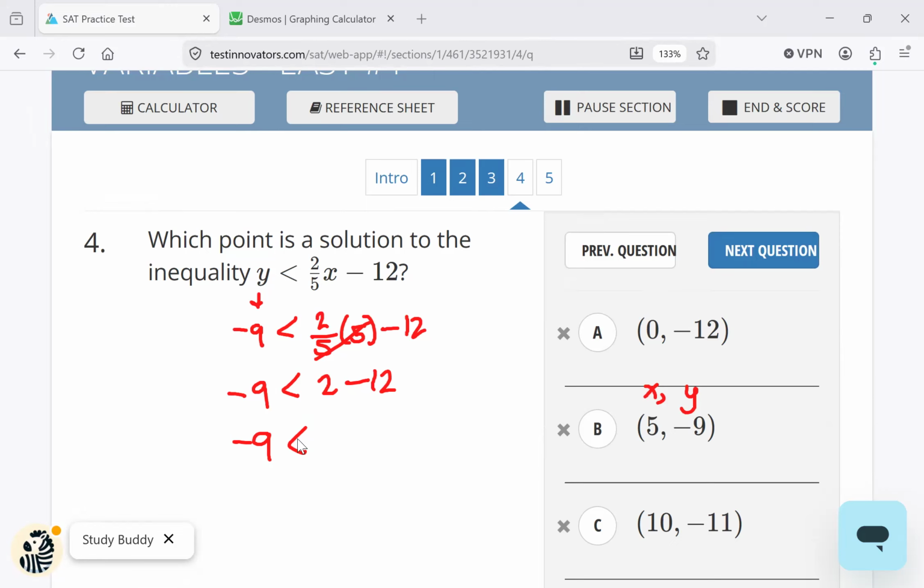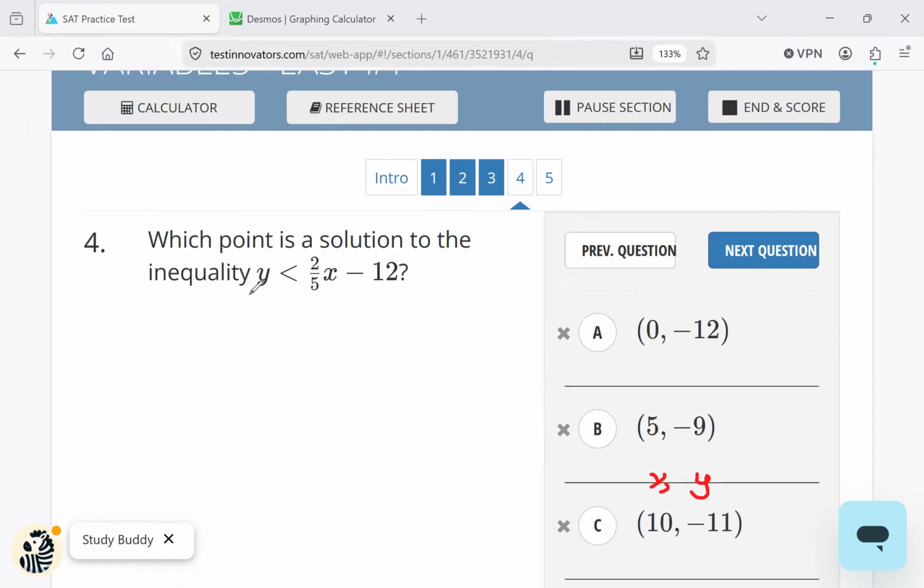It's 2 minus 12, -10. Is -9 less than -10? If I'm not sure, put it on another line. Here's -10, here's -9. Is -9 less than -10 false, right? That is definitely false.